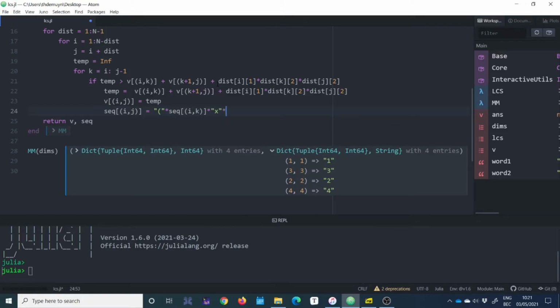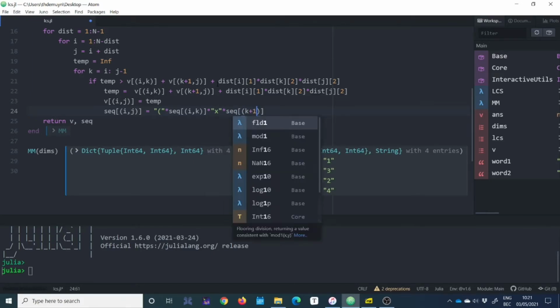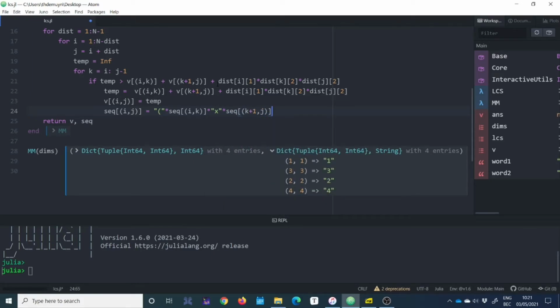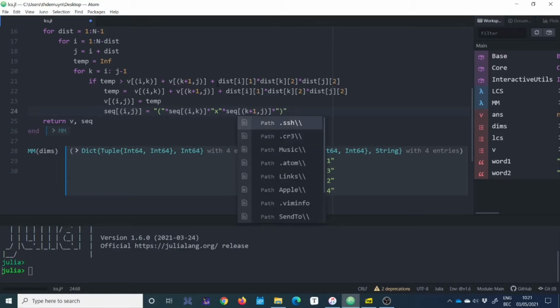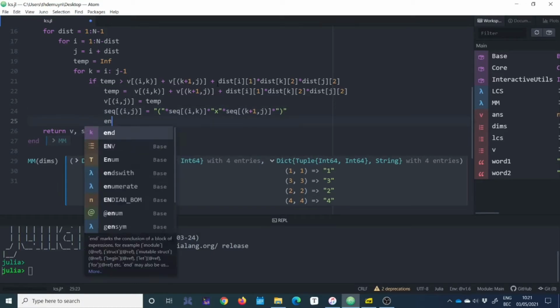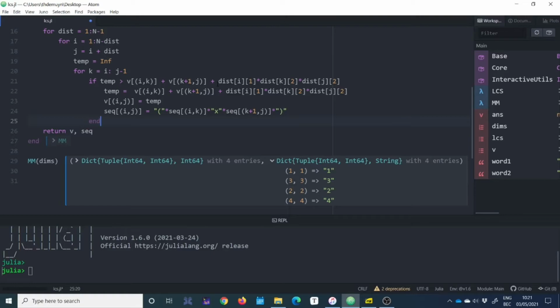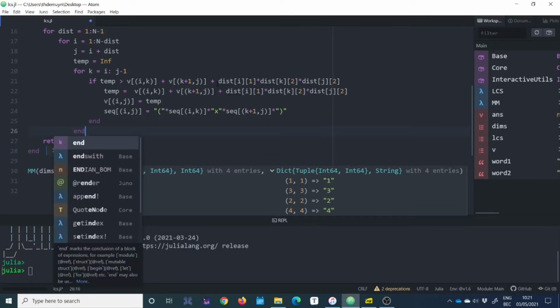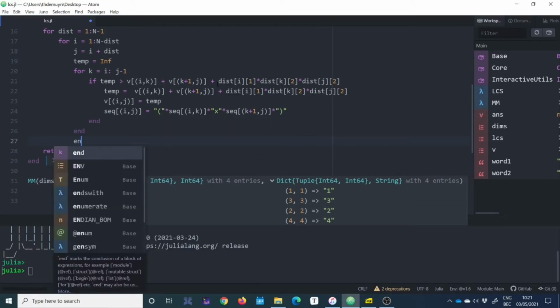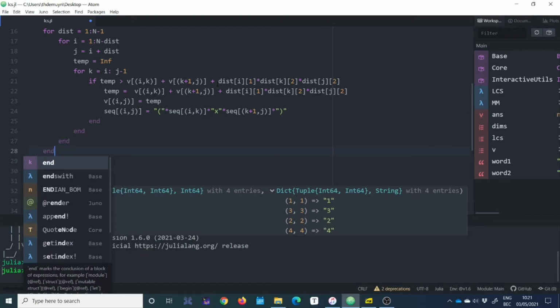This is the multiplication sign. I'm going to put in my string, and I'm going to multiply this by k plus 1 until j. Okay, and then I'm going to close my brackets at the end. Alright, so this should look like this. I'm going to end this updating, and this one, and the loop over distance, right?